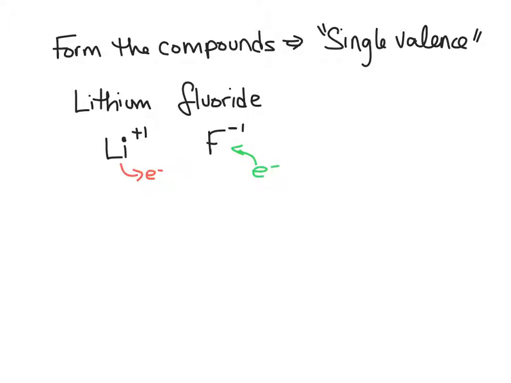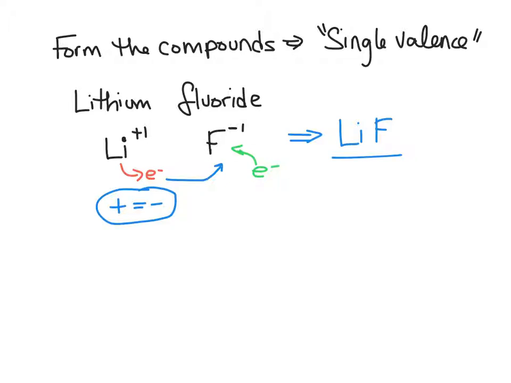The electron from lithium that got away simply went and joined here, and since lithium and fluoride you have equal, you want pluses to equal the minuses. That's the goal of the game here. Lithium fluoride becomes LiF. Simple. 1 lithium to 1 fluoride. Not that scary, hopefully. Okay?